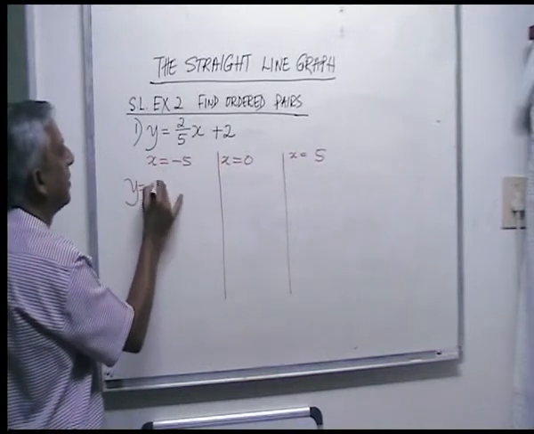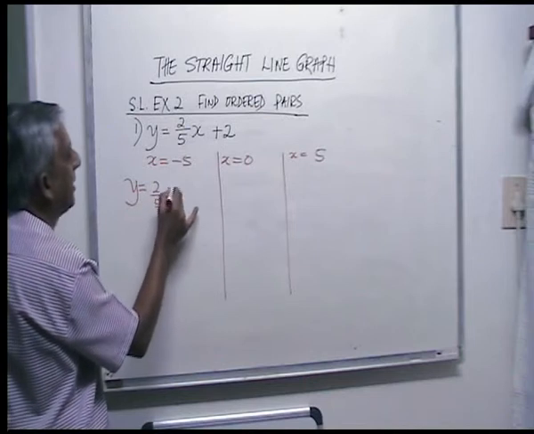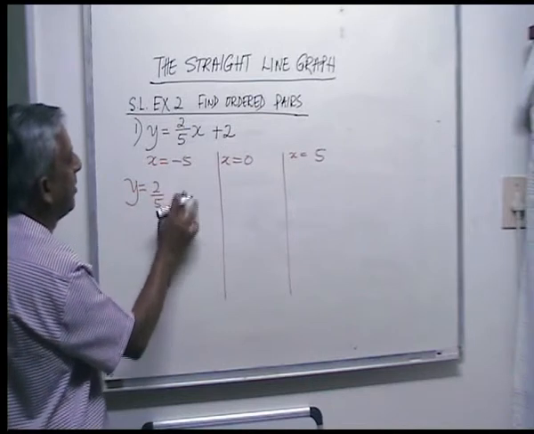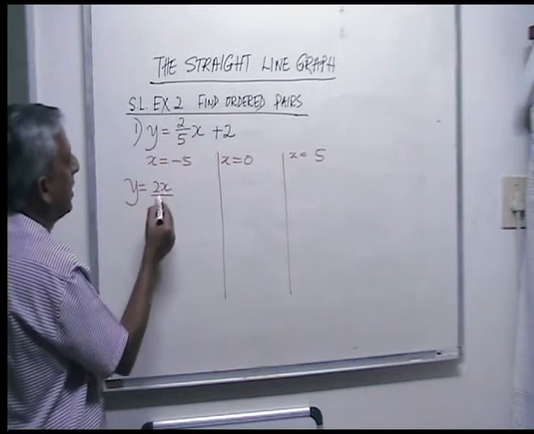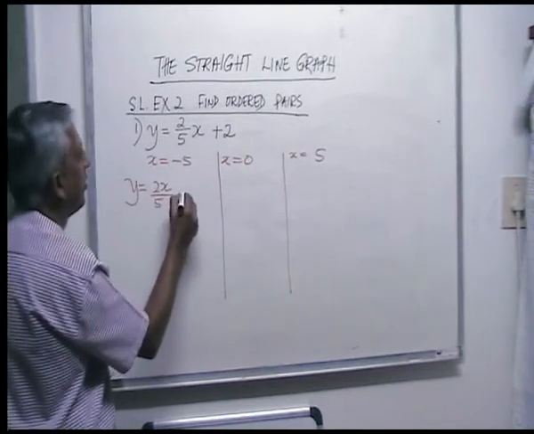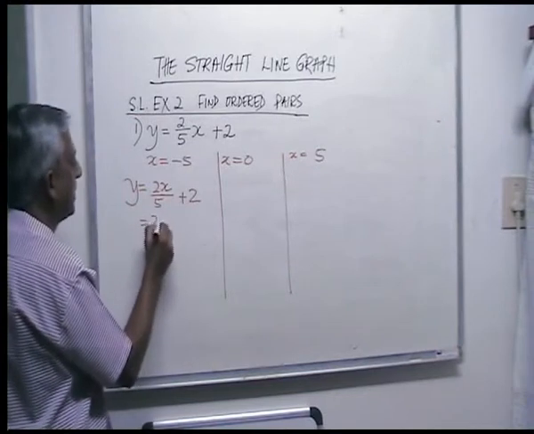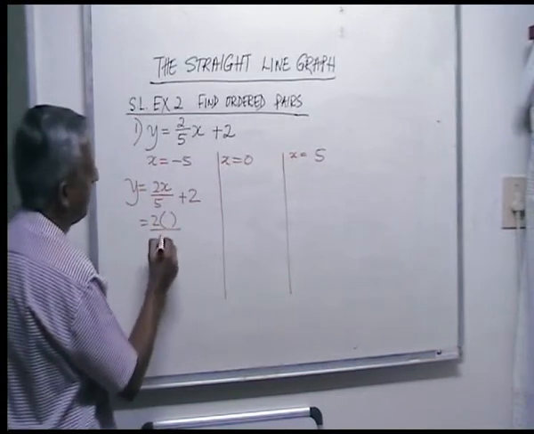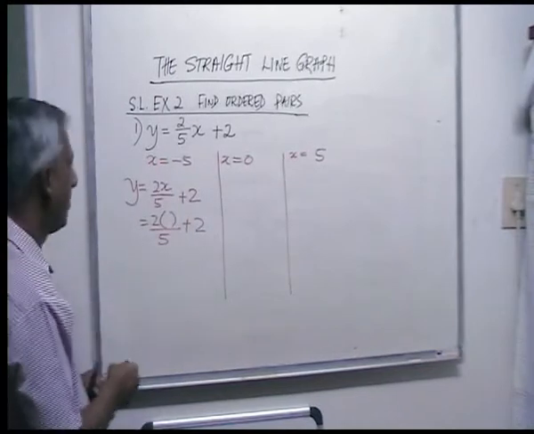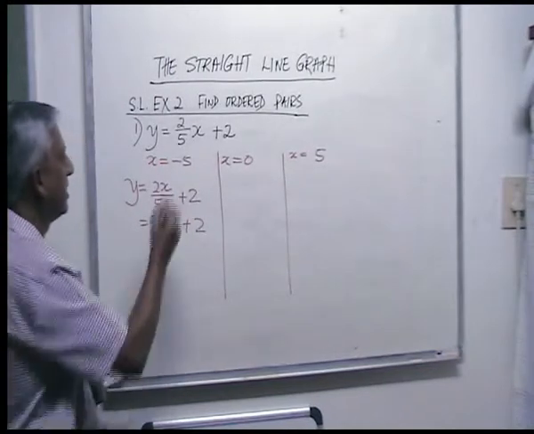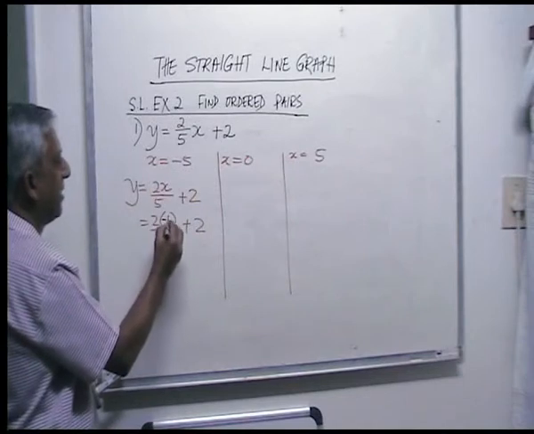So, your question is y is equal to 2 over 5x plus 2. Right, let's write the question now. 2 over 5x. Now you see this x can be written on the top here. 2 times x, 2x, 2x over 5 plus 2. That's 2 times something all over 5 plus 2. Now we have chosen x to be minus 5. So we're taking that minus 5 there and we're putting it in here.